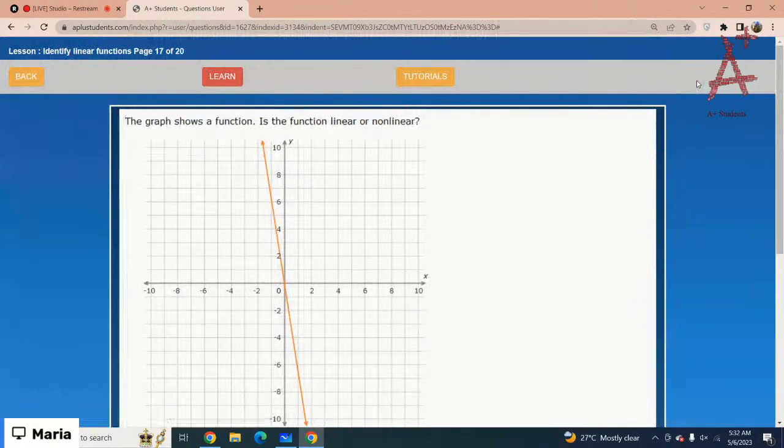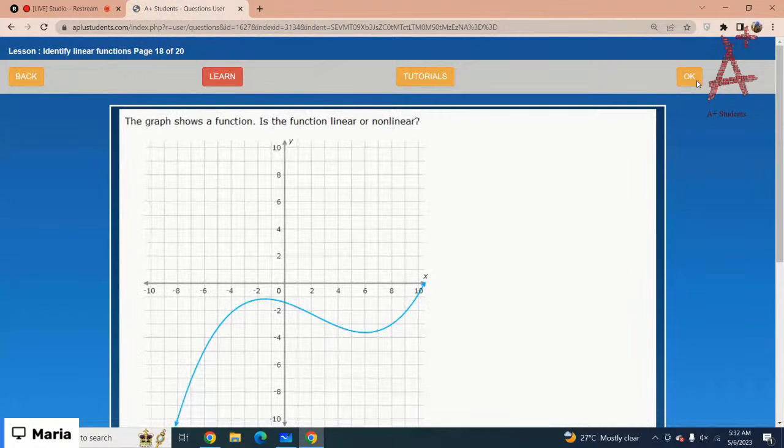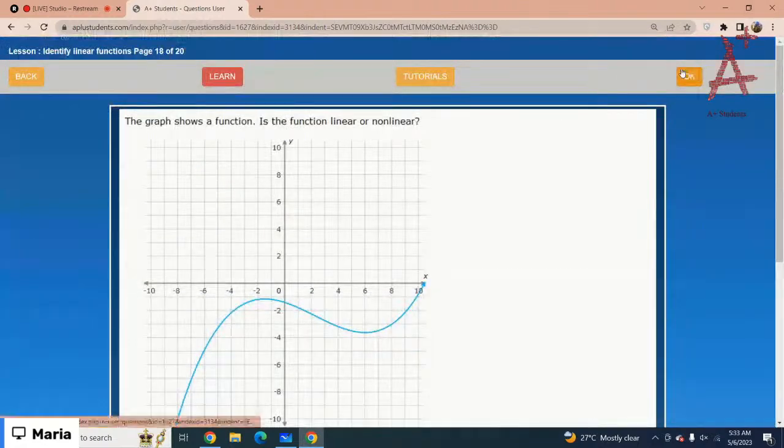Linear function. The graph shows a function. Is this function linear or non-linear? Non-linear function it is.